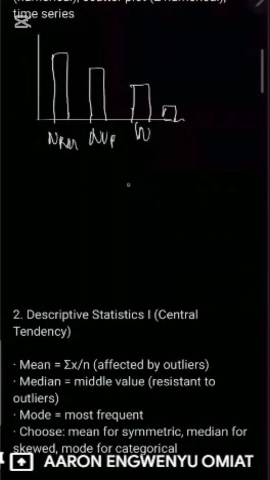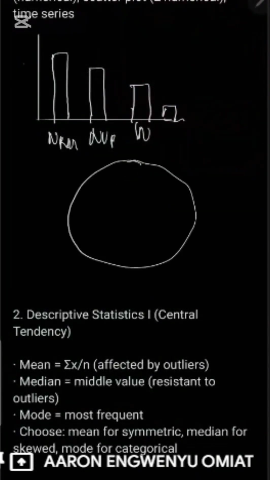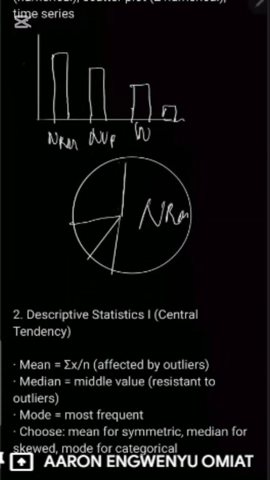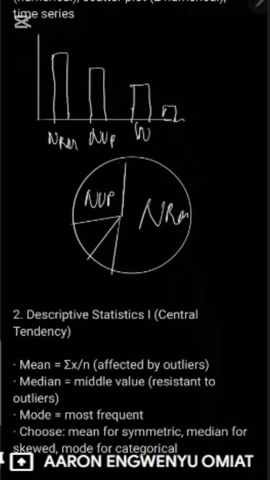Alternatively, we could use a pie chart to represent this categorical data here. So let's say this is NRM, this is NUP, this is independent, and this is others.